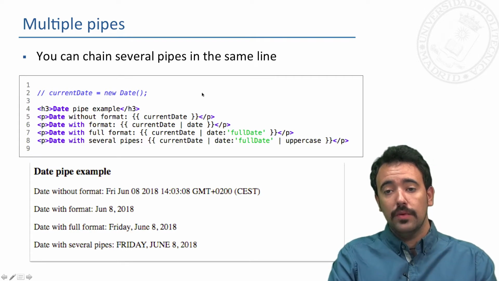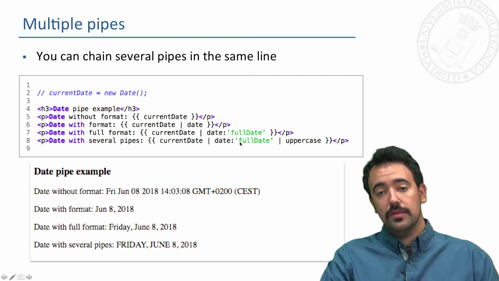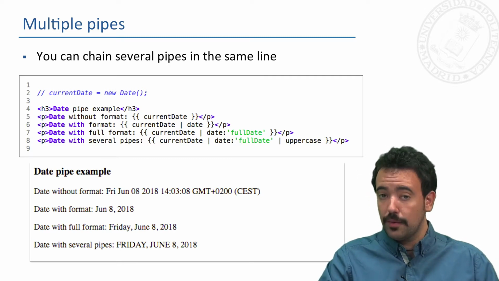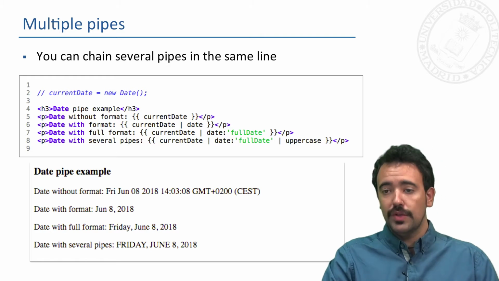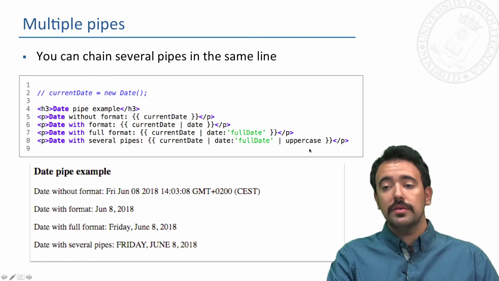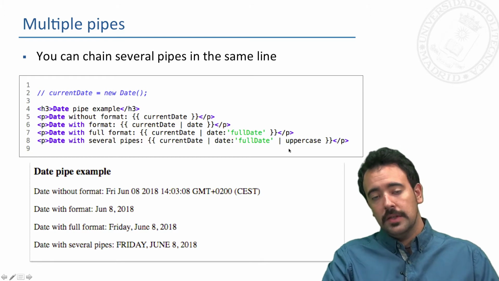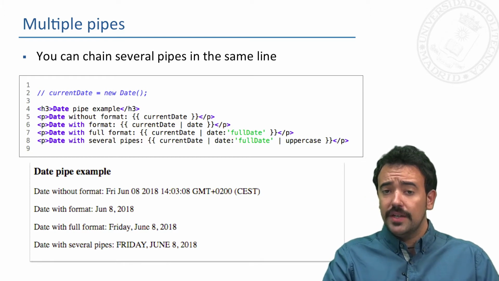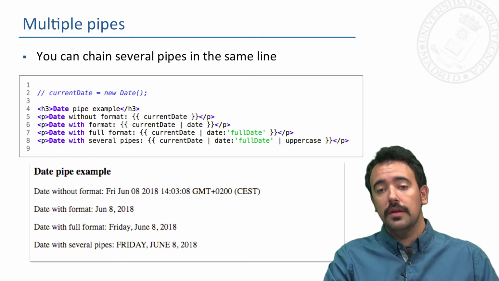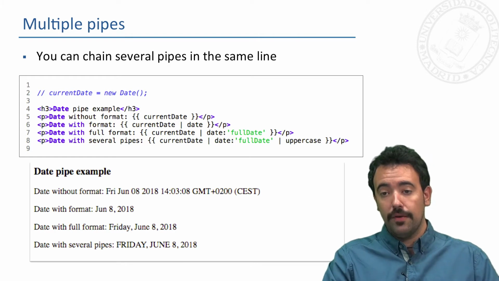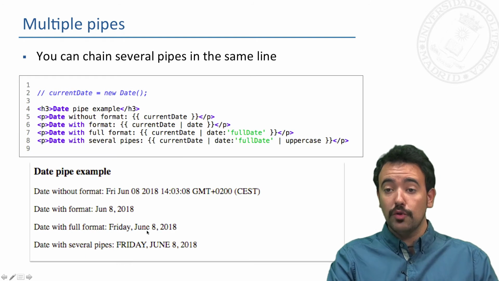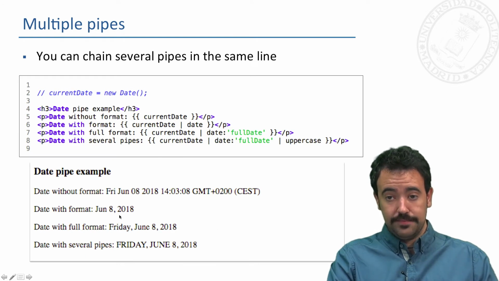So for instance, we have defined here again a date, and as you can see here, we are applying a first pipe in which we say to Angular that we want to apply the date filter to this property, and then we put a second pipe telling Angular to put the date in an uppercase format. So you can see here the output of each of these lines.